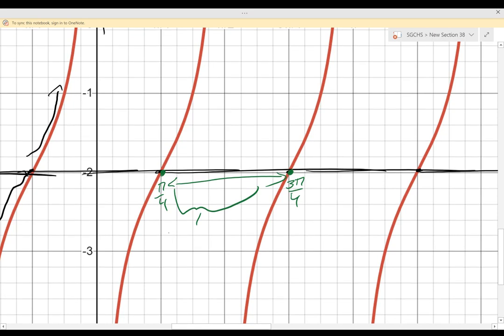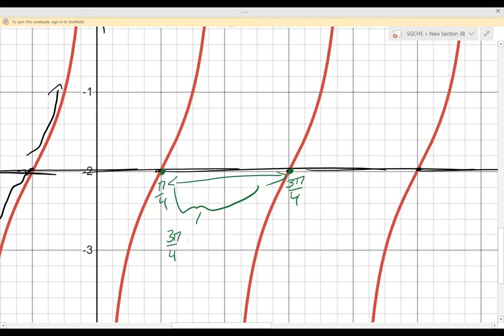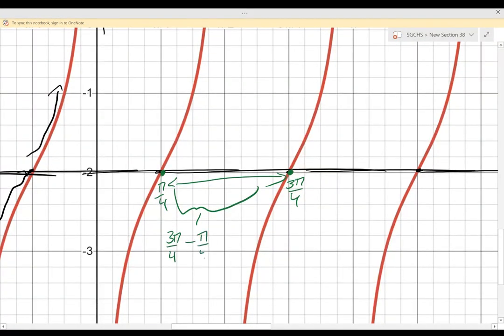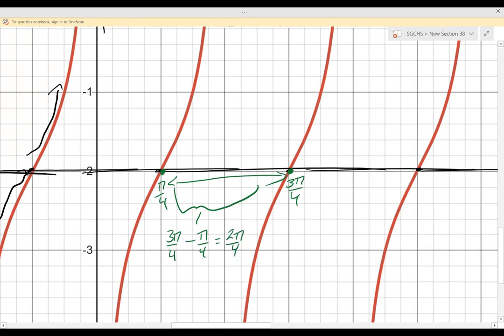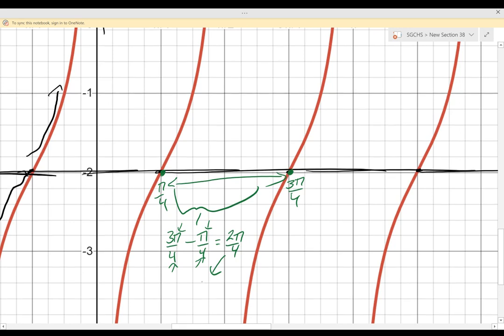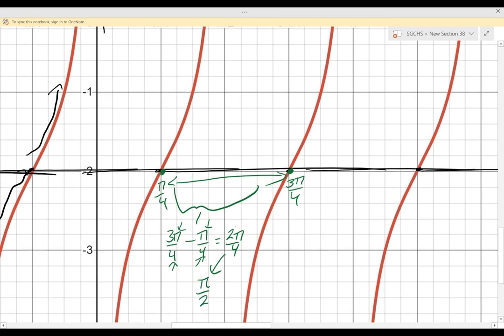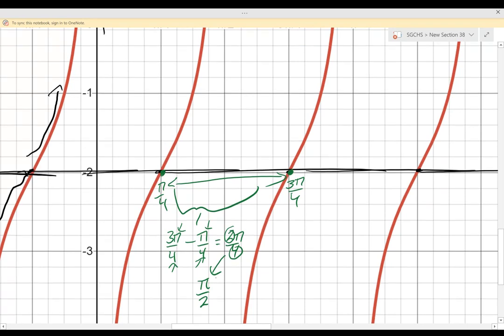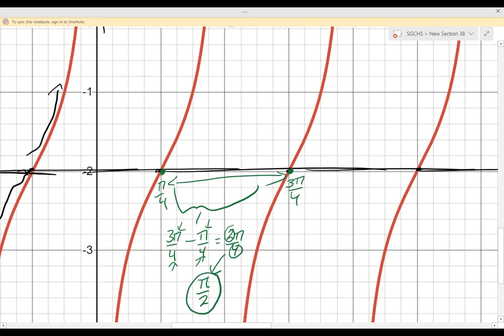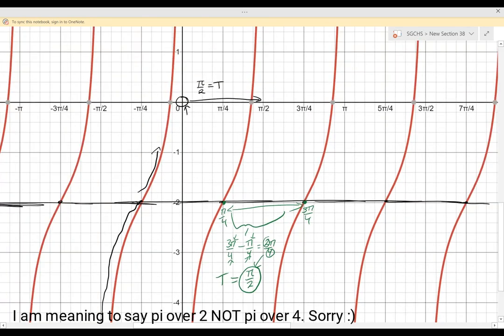So 3 pi over 4 minus pi over 4 gives us 2 pi over 4. You have common denominators, you have like terms. 3 minus 1 is 2, so 2 pi over 4, and this can be brought down and simplified into pi over 2. 2 divided by 4 gives us pi over 2. So your period, you could also find that way. T equals pi over 2, just like we found above here.